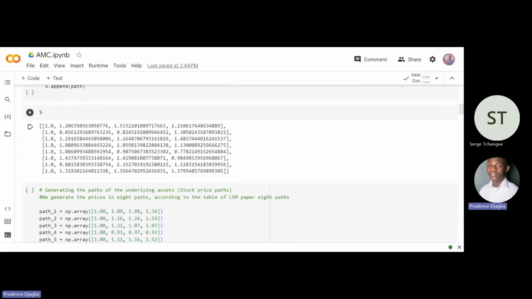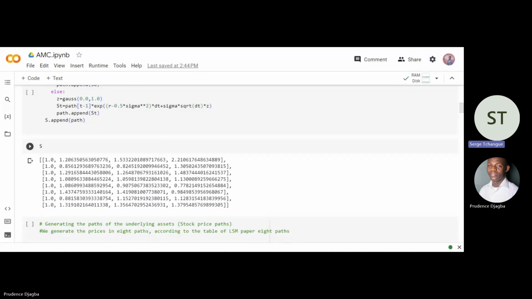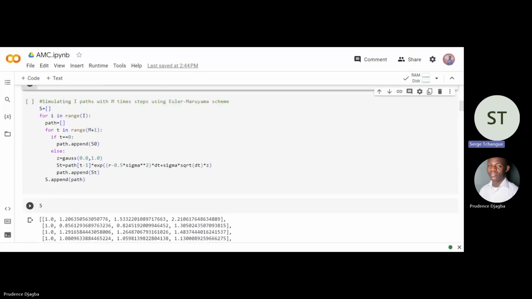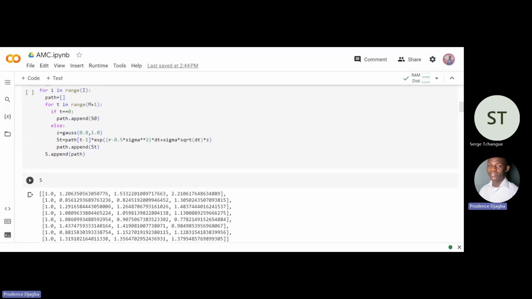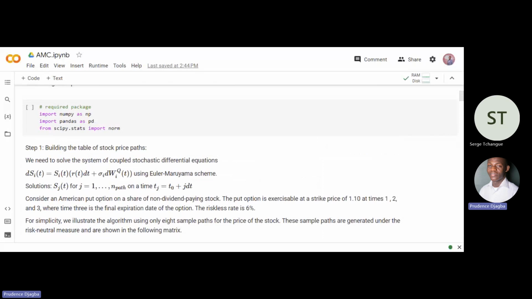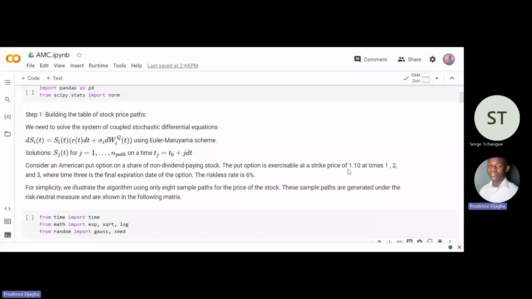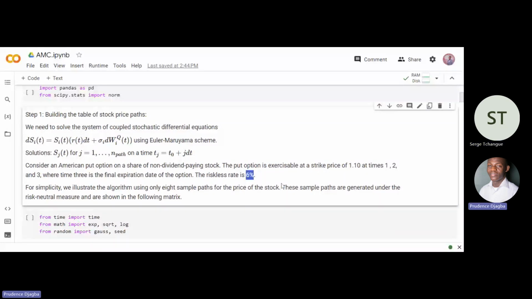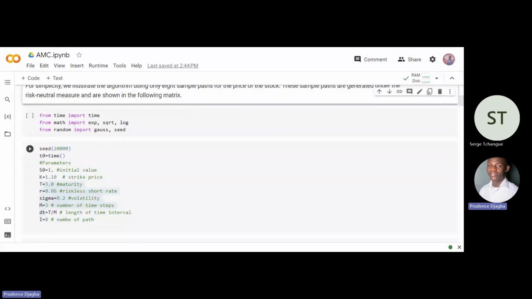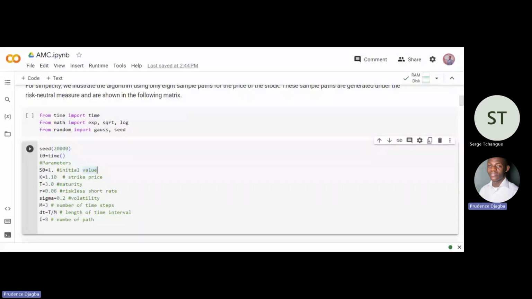Should I go through the values? Were the values close to the ones in the paper? Were they close or completely different? They were close. It's just that in that paper they note that the strike price is set at 1.10 and the time is 1 to 3 years. The riskless rate is 6%, but they didn't give any information about the initial value and also the sigma, the volatility.